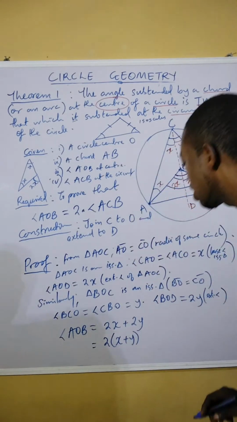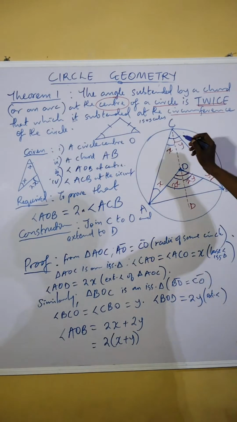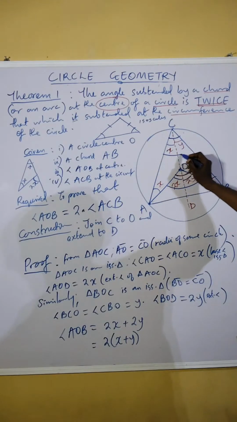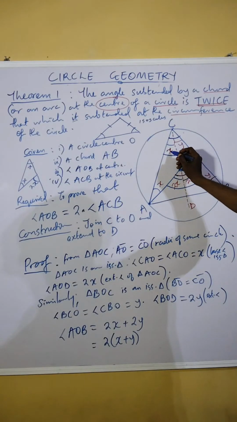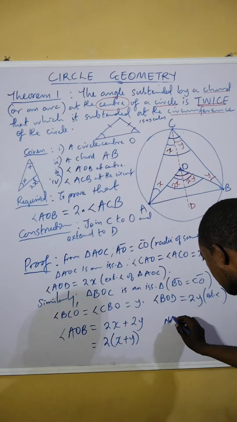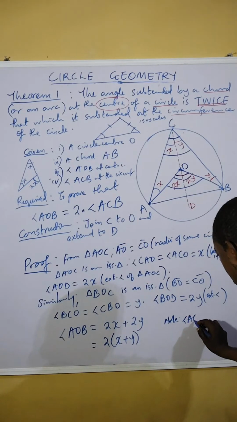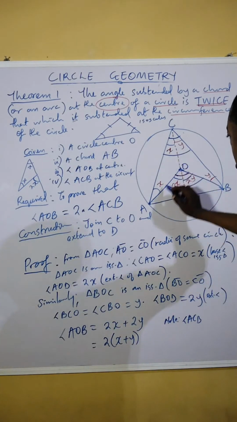All right. But here, we should note that the angle at the circumference is also everything here like this. We have X plus Y. So note that angle ACB, the one we mark now, is ACB.